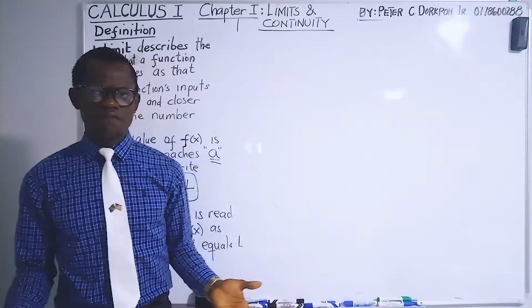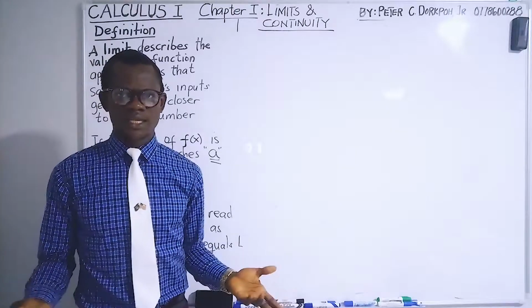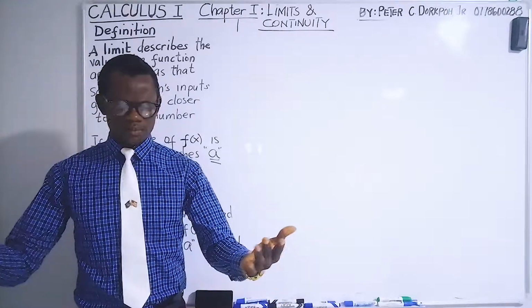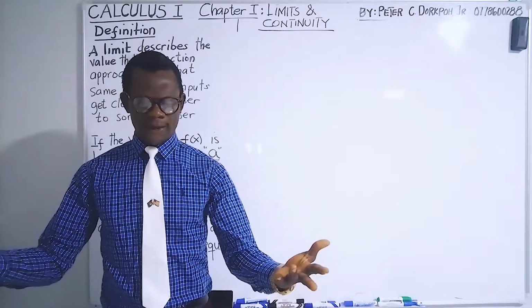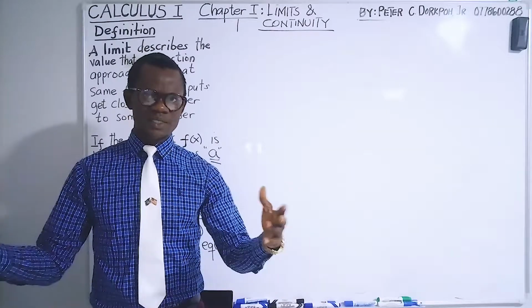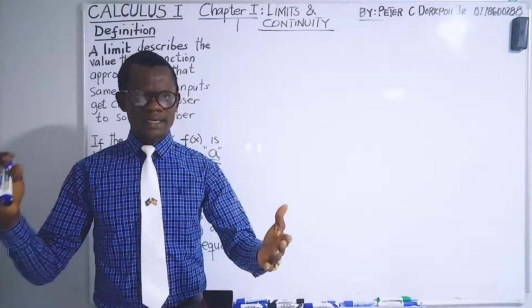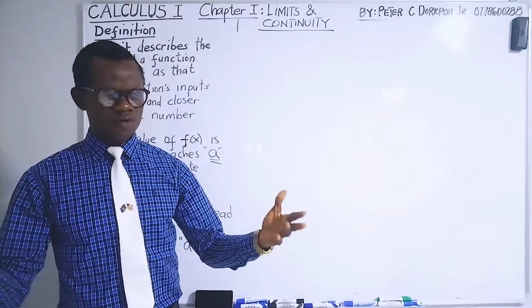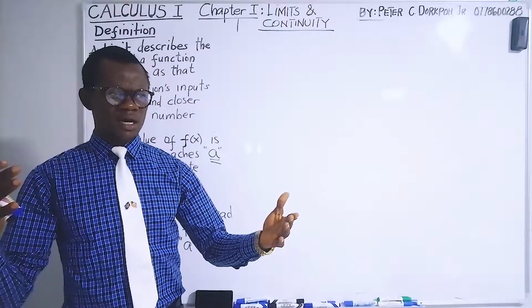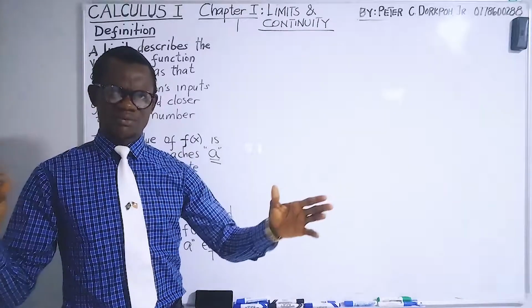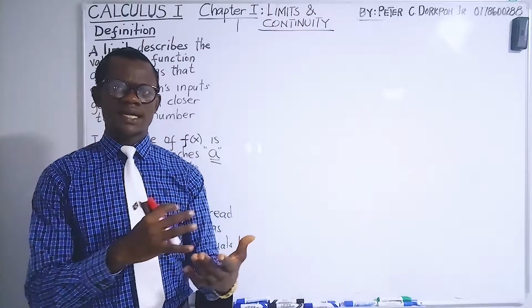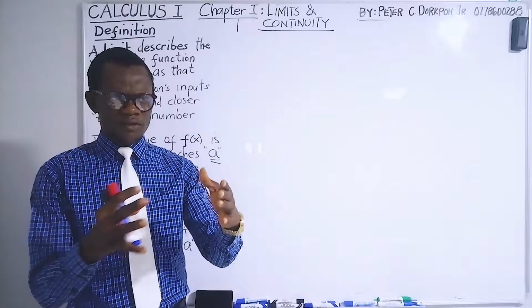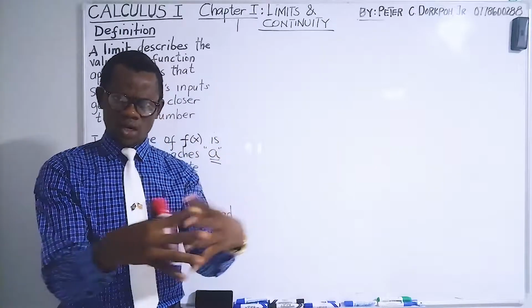Now, if you are dealing with differential calculus, it means that you are cutting something into pieces and seeing how they change. Integral calculus is the process of joining smaller pieces.